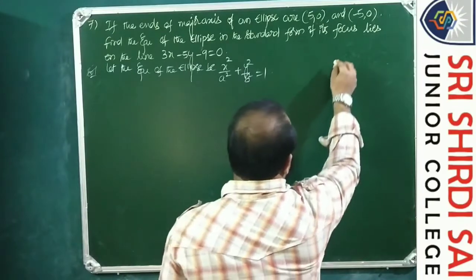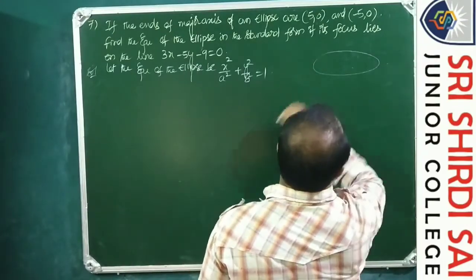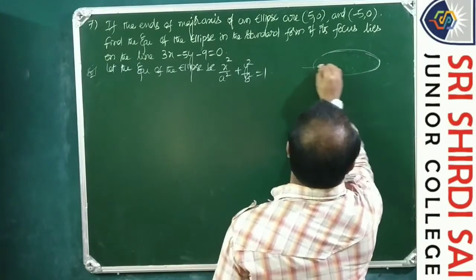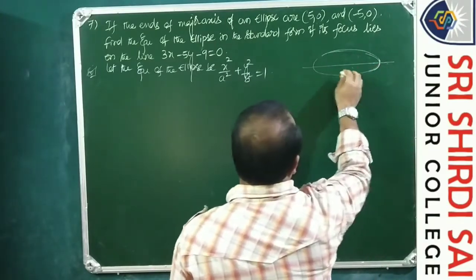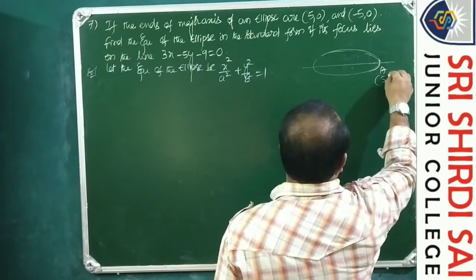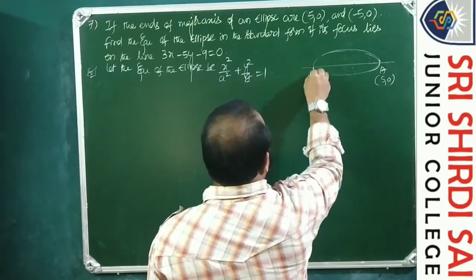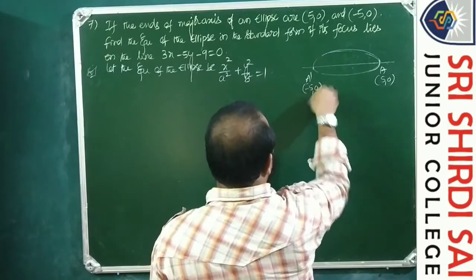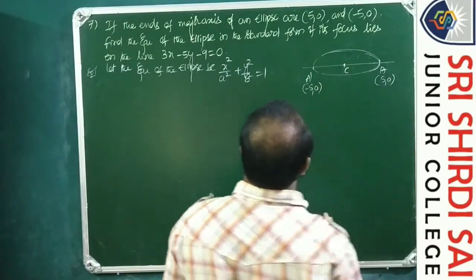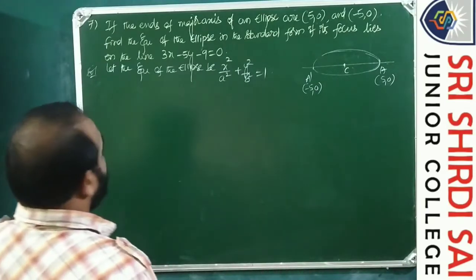So this ellipse, and this (5, 0) and (-5, 0) is given, and let us take this to be the center of the ellipse.